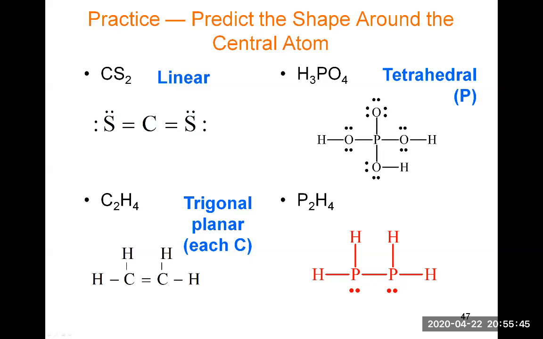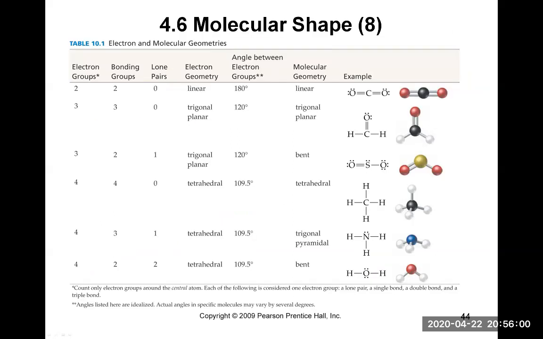So we have 4 electron groups and 1 lone pair. So starting from 4 electron groups, 3 bonding groups, 1 lone pair, it's the row before the last. The electron geometry is tetrahedral, but the molecular geometry is trigonal pyramidal.